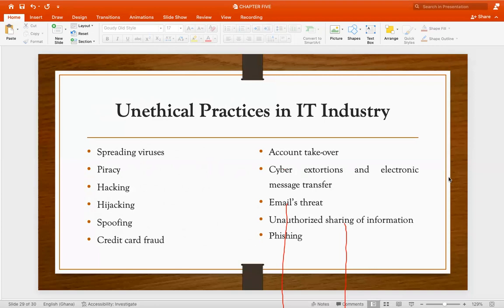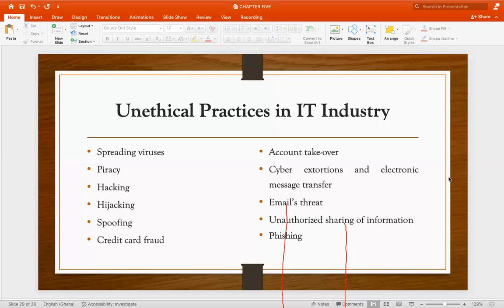And when we talk about all these, these are IT terms, and hacking is just getting into your system to do certain things, or to deny you access to certain parts of your system or your computer. Hijacking is to take your system out of your use completely, that they may decide to do either to make it a ransom, or may just simply want to destroy it.